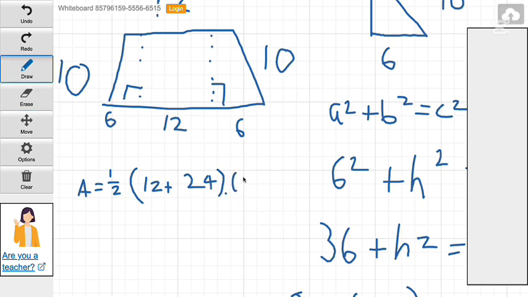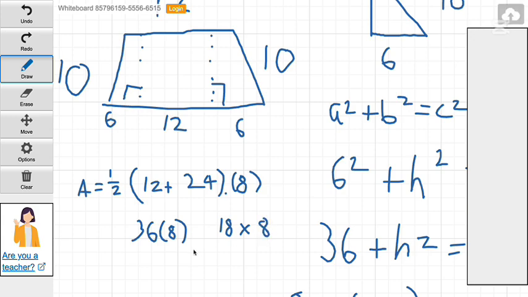We need to write the whole formula, so that would be multiplied by 8. And then we know that 12 plus 24 is equal to 36. So we just do 36 times 8. And then we know half of 36 is 18. So we just go 18 times 8.